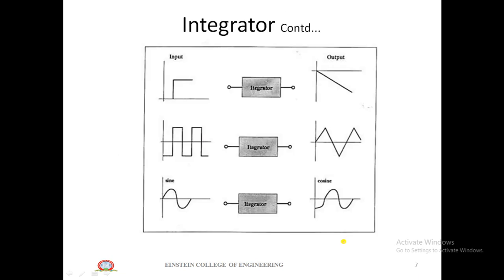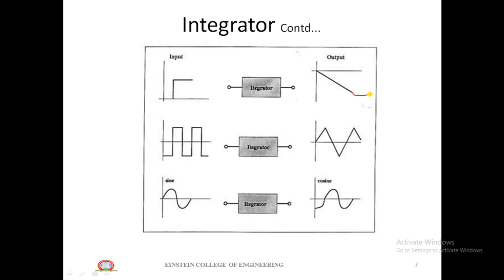So this is the sum of the input and output of the integrator. If we give a DC voltage to the integrator, then the curve will be like this. If we continue that DC voltage, then at a particular time the voltage becomes a constant value, because the operational amplifier will reach saturation.